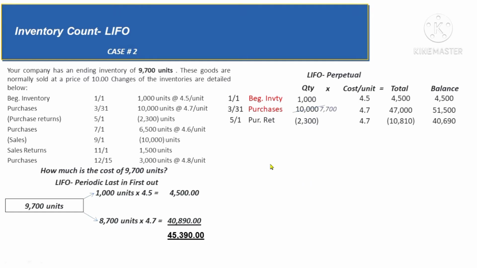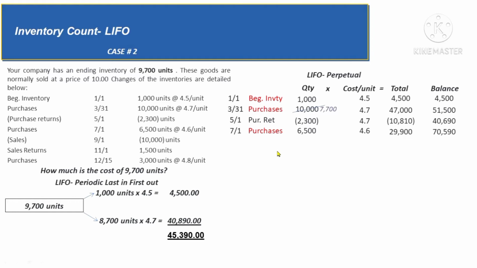Now moving on, we have another purchase on 7/1, which is 6,500 units at 4.6. So you need to add the total to the running balance and we will get a running balance of 70,590. This transaction is followed by a sale of 10,000 units. To fill the sales here, we have to remember the concept under the LIFO that the goods purchased last are the ones sold first.